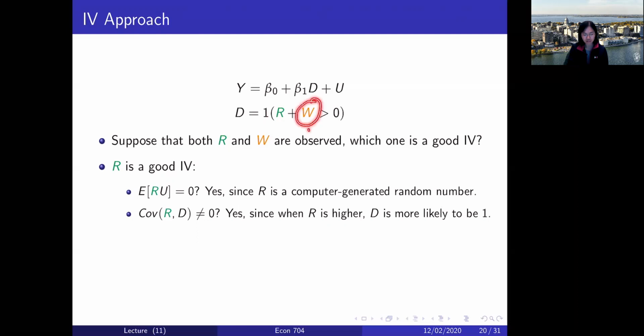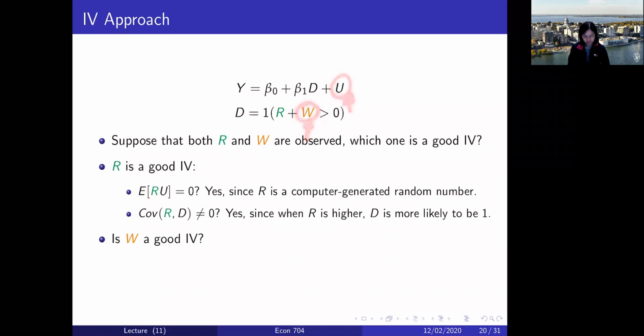Now what about W? W, in fact, is not a good IV. It should not be used as an instrumental variable. First of all, it doesn't satisfy the exogeneity condition. W is the IQ, and IQ is very much correlated with potential untreated wage.